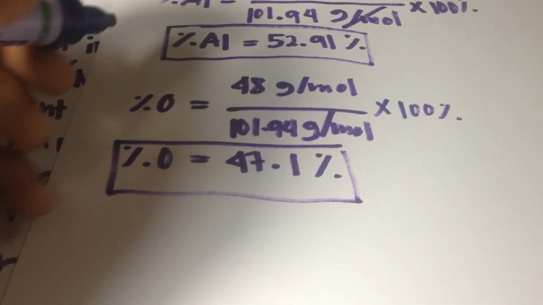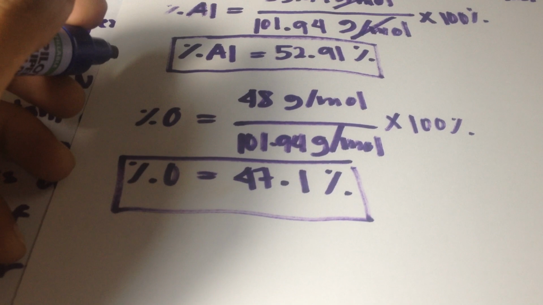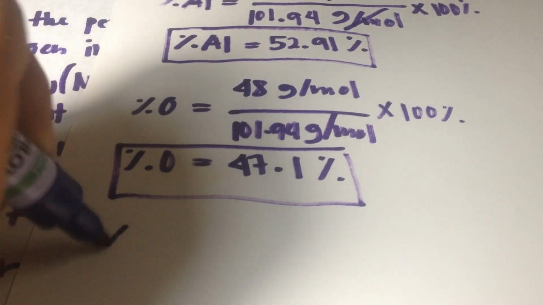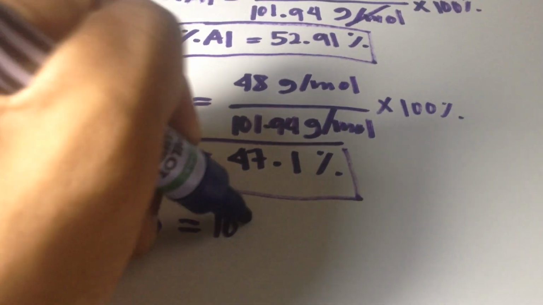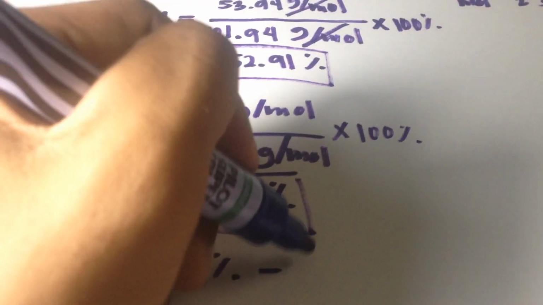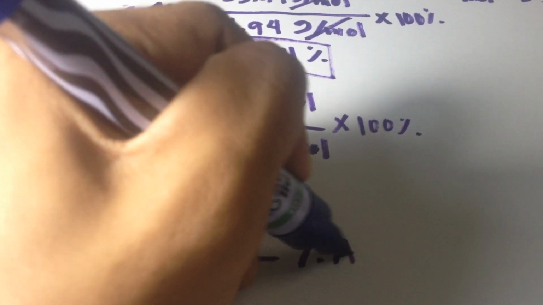Oh, you can have a choice. Percent of O is equal to 100% minus the percent of aluminum.